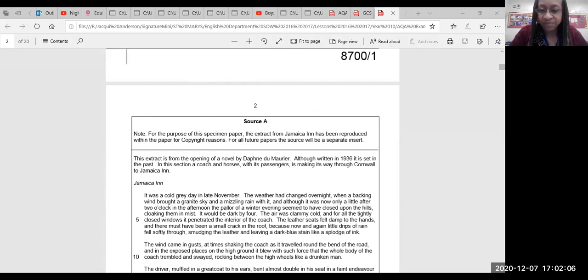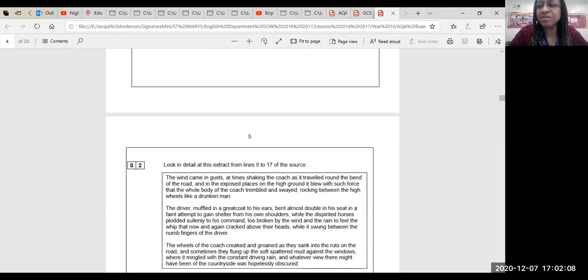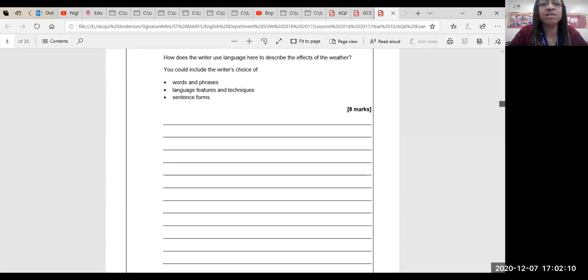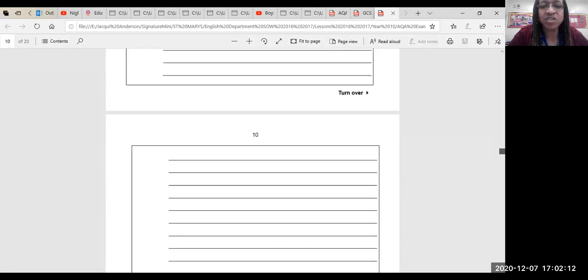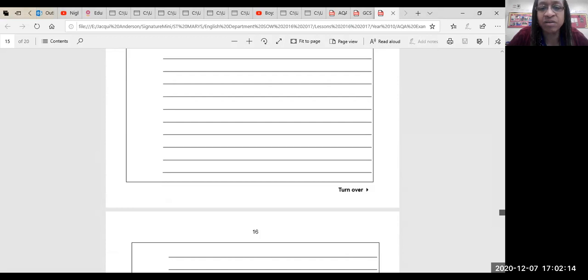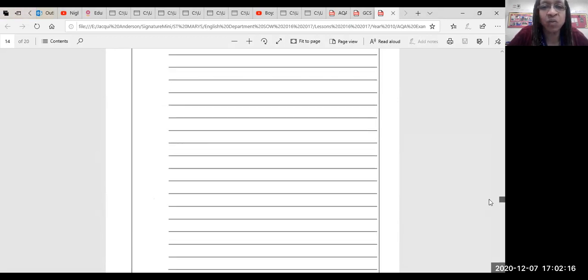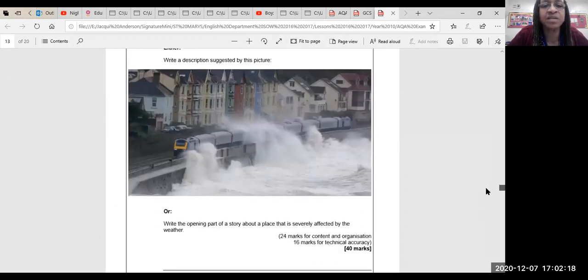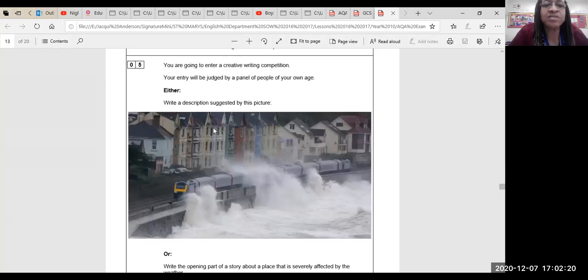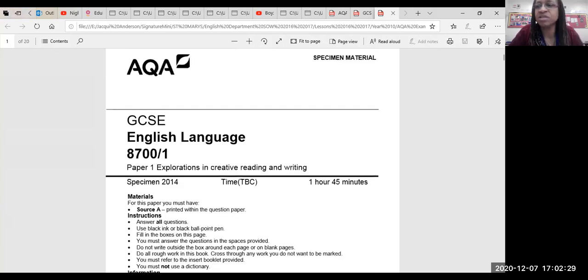When we look at the question for the writing, what we find, it is about weather. So you've got a choice of writing a description suggested by the picture. As you can see, again, it's a stormy weather, or, oh dear, sorry, gentlemen, let me bring that back.